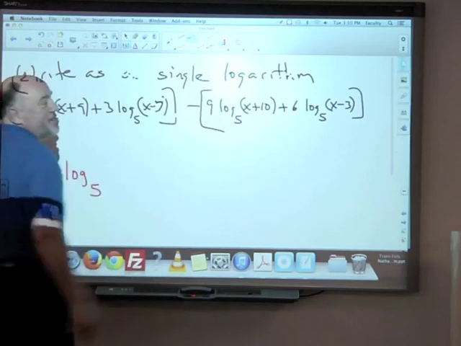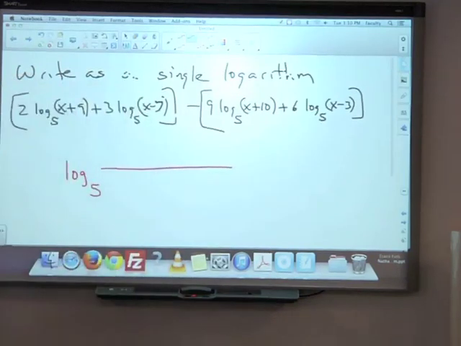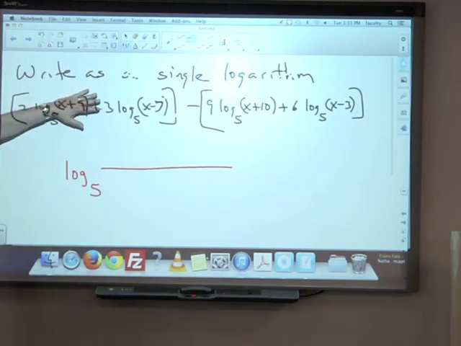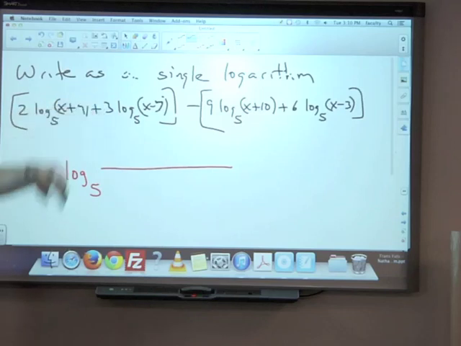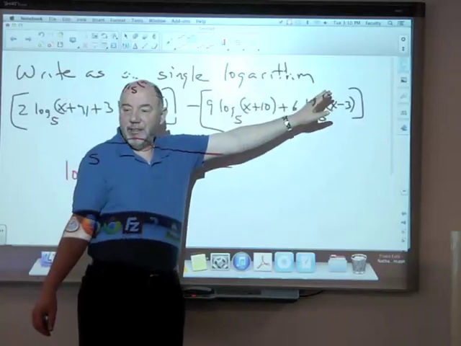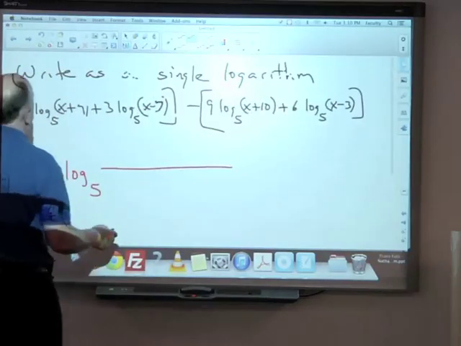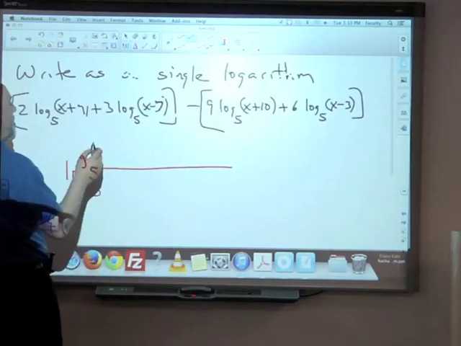I got a subtraction there, so that's my fraction bar. And then everything on this side goes on the top, everything on this side goes on the bottom.